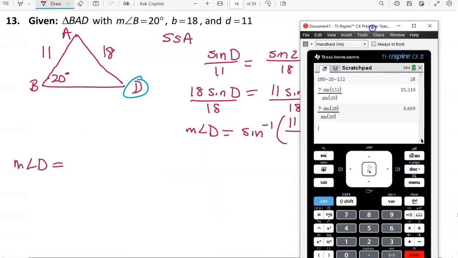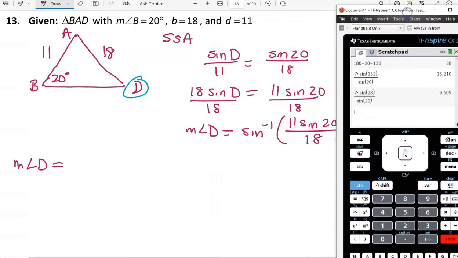So let's enter that calculation. It's the sine inverse of, control divide for a fraction, 11 times the sine of 20 degrees divided by 18. And that gives us an acute angle, 12.064.